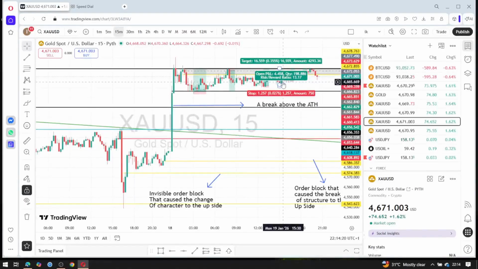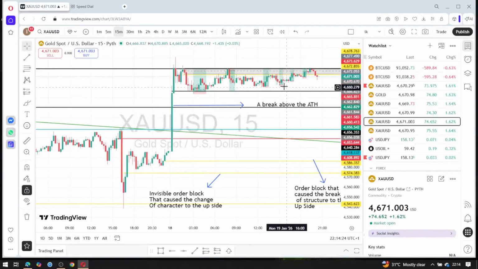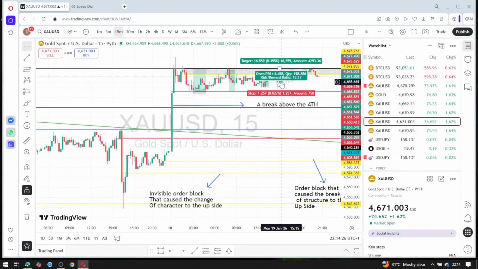And for this one is 1 to 13 risk to reward ratio. That's the third one. And what did I sacrifice as stop loss? That is 12.6 pips to gain what? 165.6 pips. So you can see that.